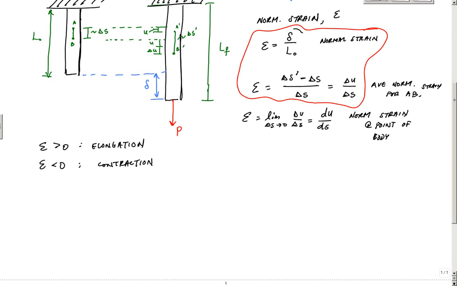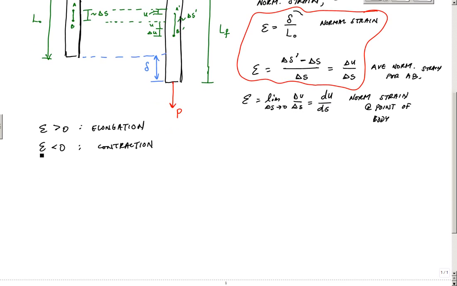Another thing you always want to be aware of are the units. The units of normal strain are dimensionless. What's typically used is it's common to write the units as length over length, like meter per meter or inch per inch.